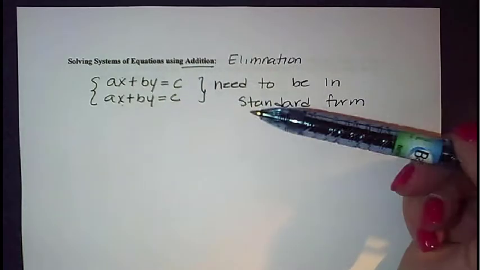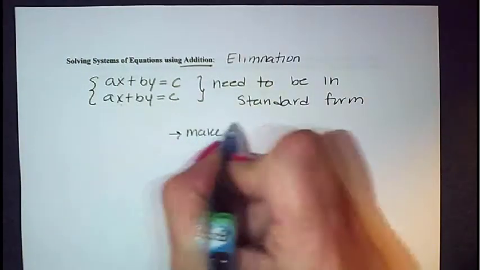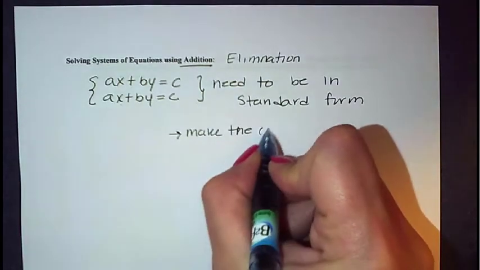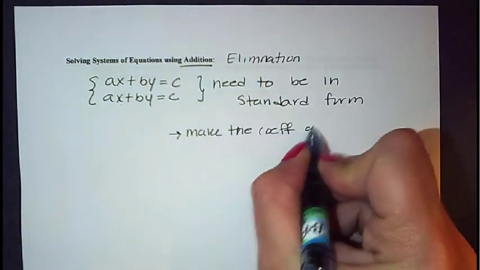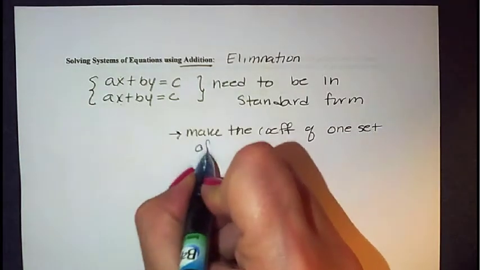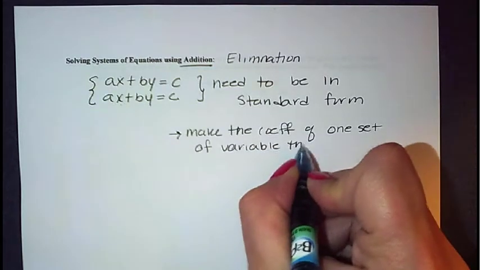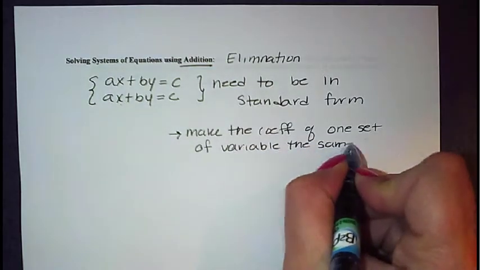And what we're wanting to do is make the coefficients of one set of variables the same, but opposite signs.